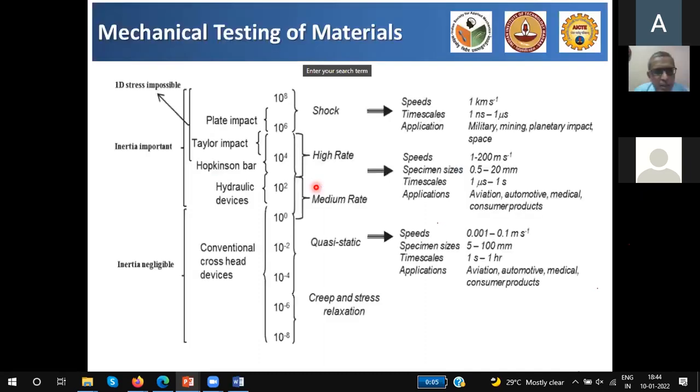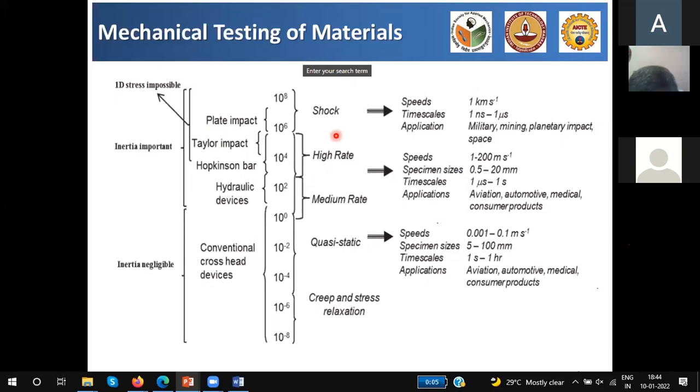So let us go through what goes on in mechanical testing, and especially we did this classification to look into the ways in which you can classify these materials in terms of this testing, in terms of the strain rates that are associated with these testing methods.